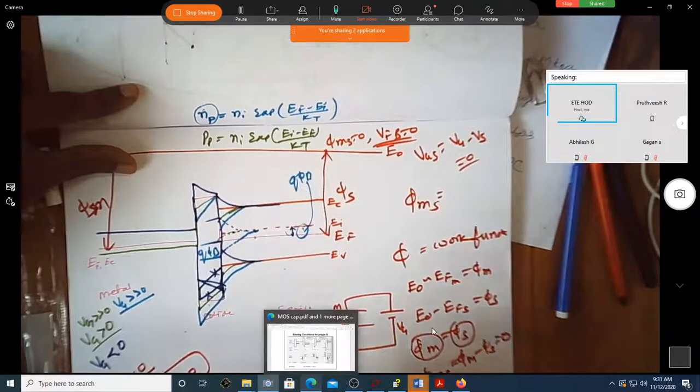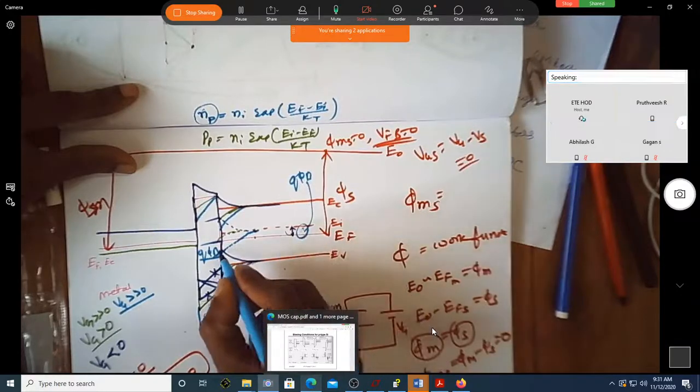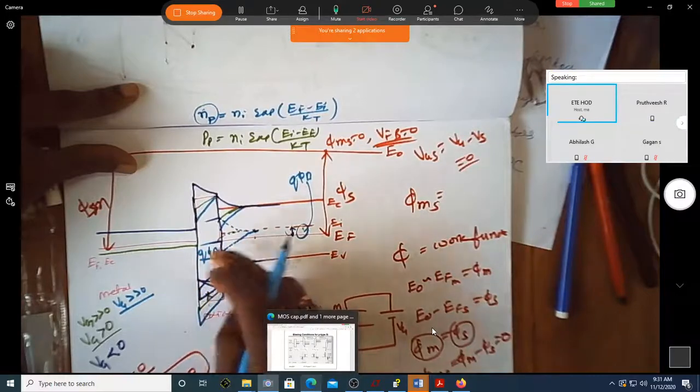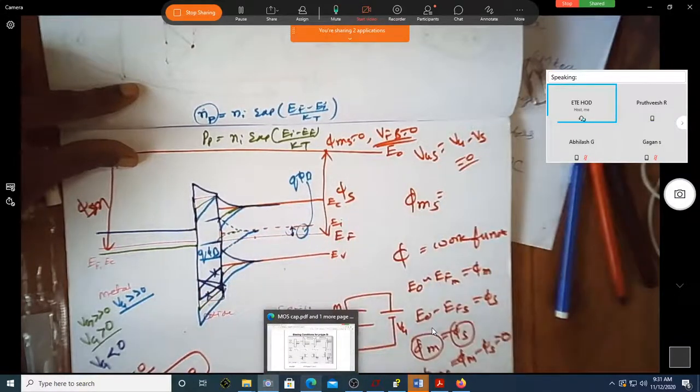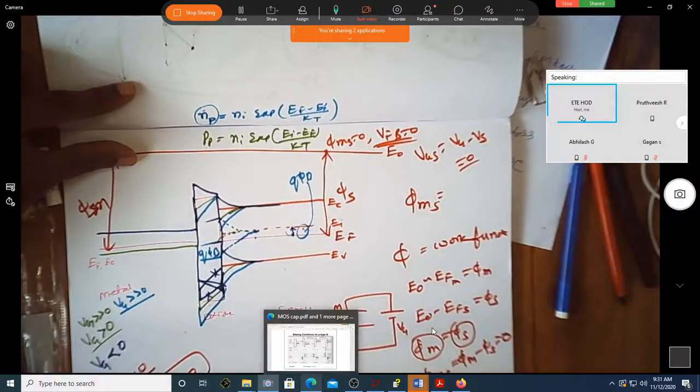Assume that majority charge carriers are p_p here, and at the interface the number of electrons is almost equal to the number of holes in the bulk. Correct? Yes, sir. This is what we call strong inversion, which is good for making your channel form.